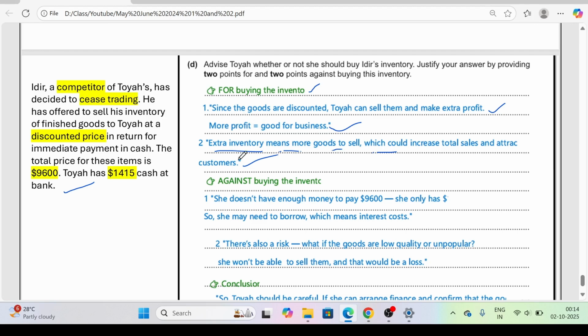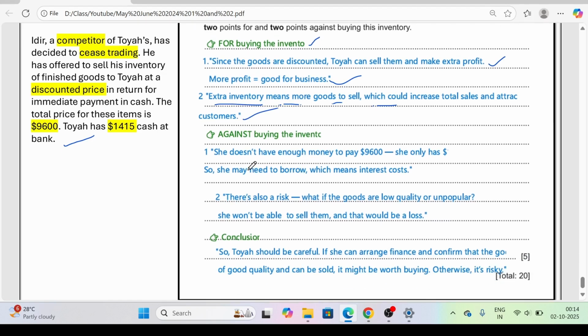Okay. Then against buying the inventory, what are the points against? She doesn't have enough money to pay $9,600. She only has $1,415, right? So she may need to borrow, which means interest cost.